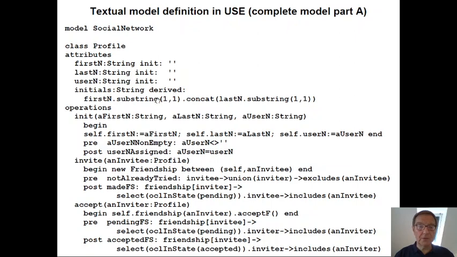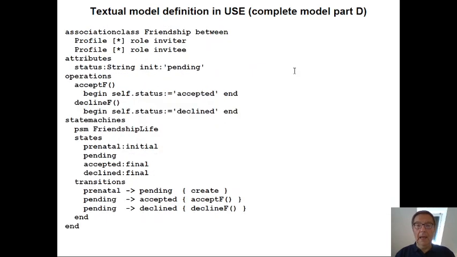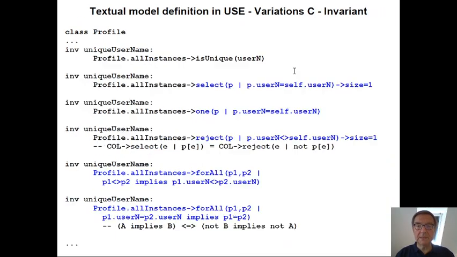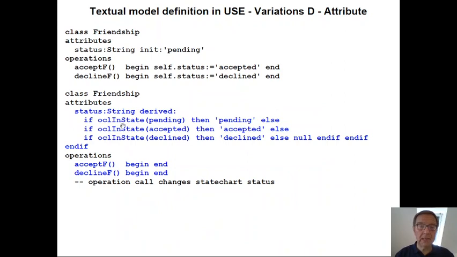Initials was the first letter from the first name concatenated with the first letter from the last name. That was a derivation rule for this derived attribute initials. And we have a similar situation here. We have a derivation rule, an OCL expression, which is a bit more complicated than the expression before for the initials attribute.